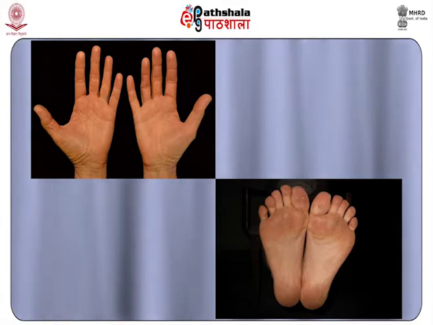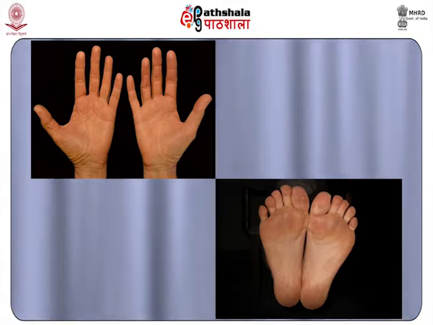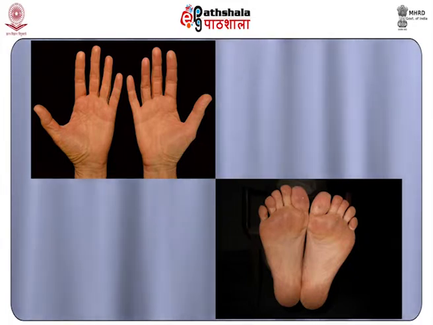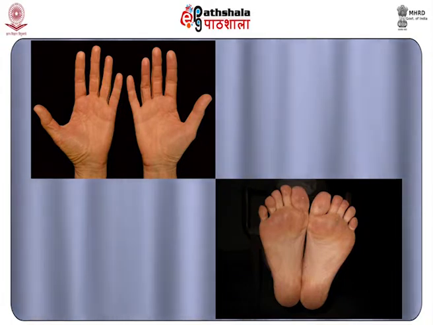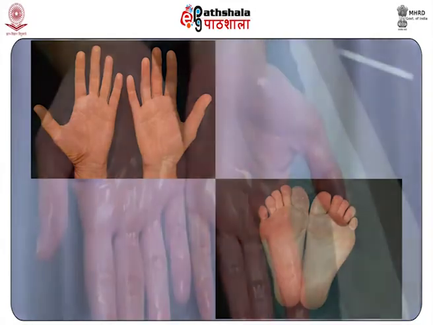Eccrine glands are widely distributed throughout the body and are particularly numerous on the palms of hands and the soles of feet. These glands secrete chemicals as a result of general metabolism and catabolism.